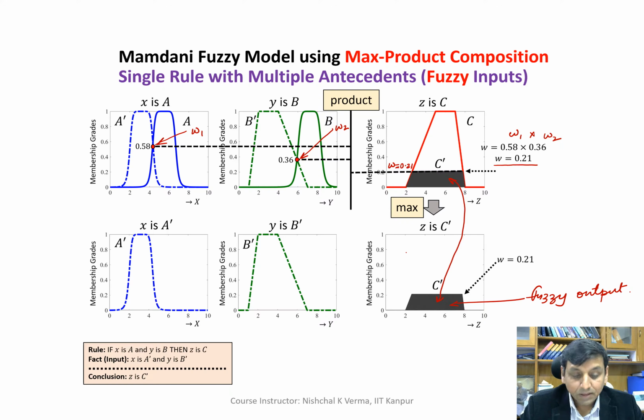So in the second scenario, we have seen how max product and max min produce the output for fuzzy inputs to two antecedents.